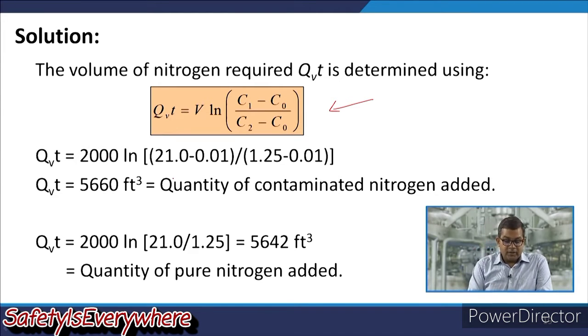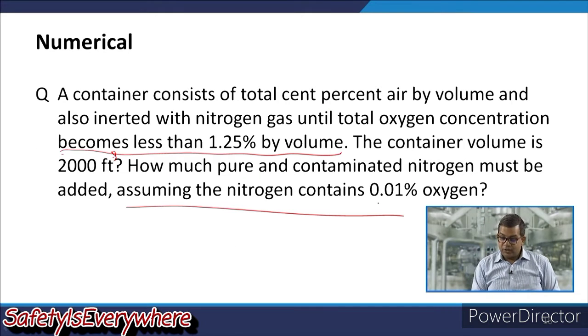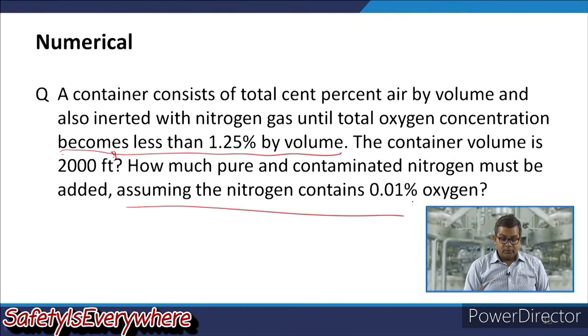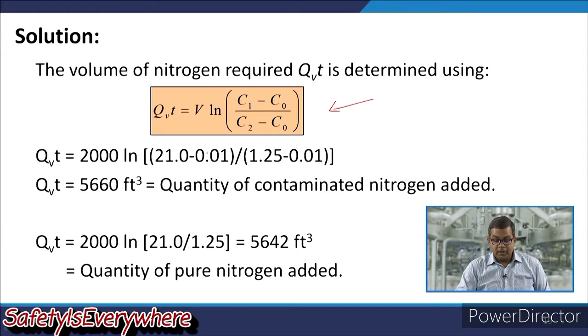C1 is 21, and initially the nitrogen contains 0.01% oxygen, so C0 is 0.01, and the final oxygen concentration is less than 1.25% by volume, so 1.25. It comes out to be QVT of 5660 cubic feet. That is the quantity of contaminated nitrogen added.